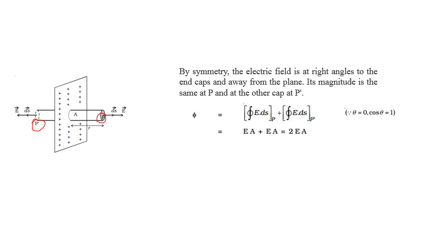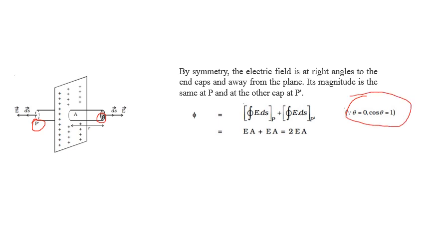So if you want to calculate the total flux, the flux is the integral of E dot ds at point P plus the integral of E dot ds at point P prime. Here we are assuming there is no angle between the area element and the electric field, which is why we take it as 0.